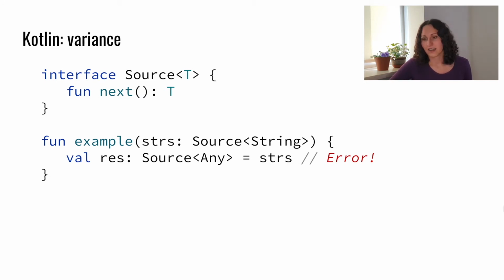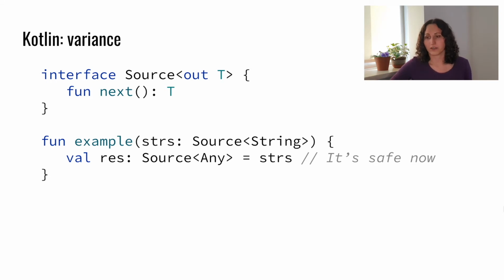But again, the compiler doesn't know anything about this type. It doesn't know it is safe, so it will show you an error. We need a way to explain to the compiler that our type just returns type T, and it's okay to use any type here in our generic.